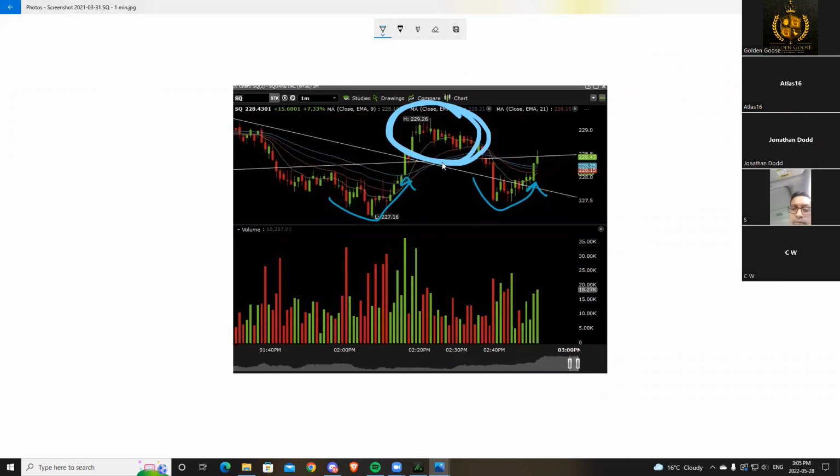So when it comes to the super far from the 8 EMA, the psychological part and technical analysis that I've reviewed a lot in the past is that when you do something too much, more than likely the market will go on the reverse side of it. And that's basically what you're seeing here, right?